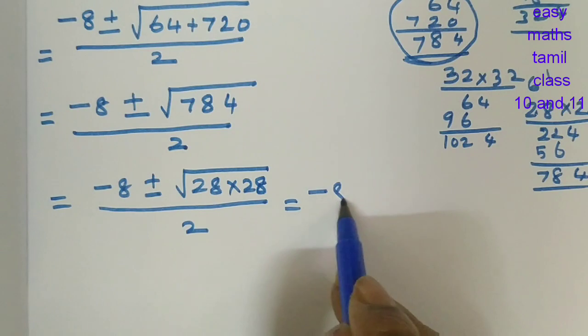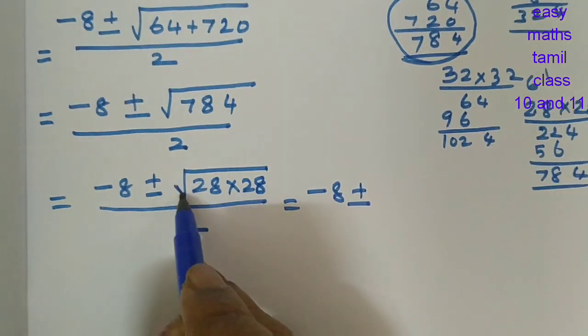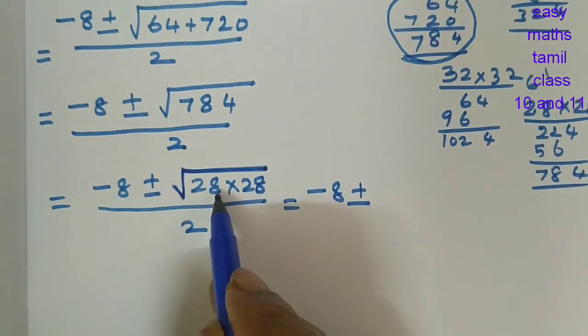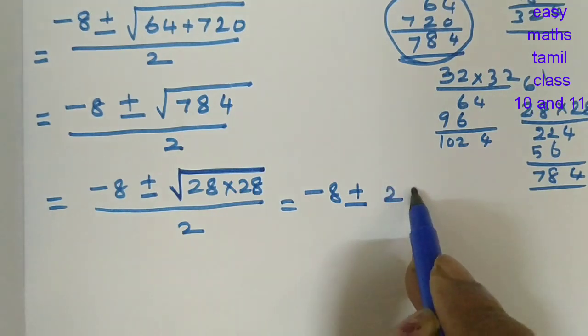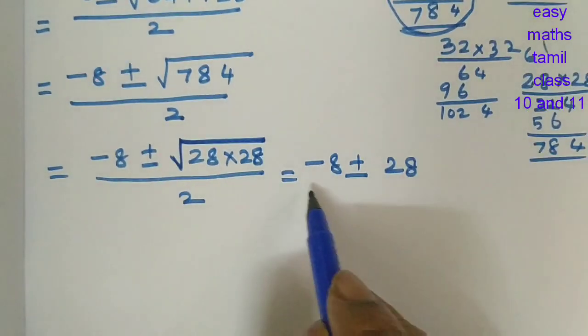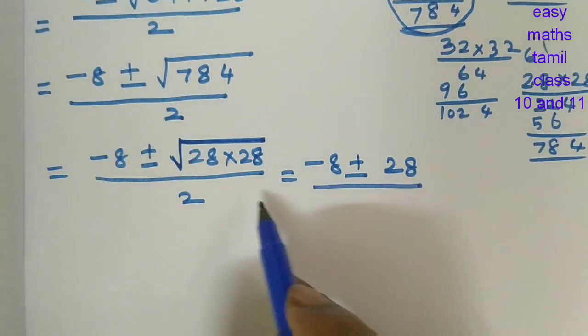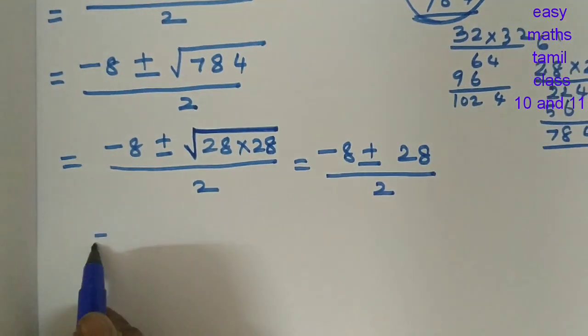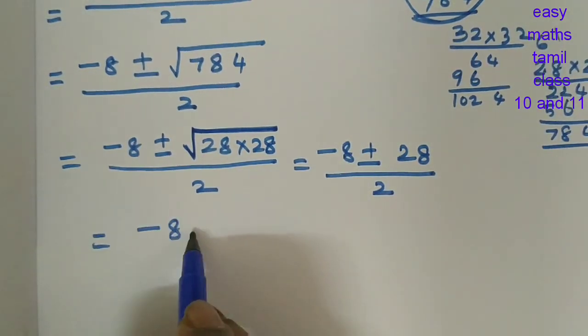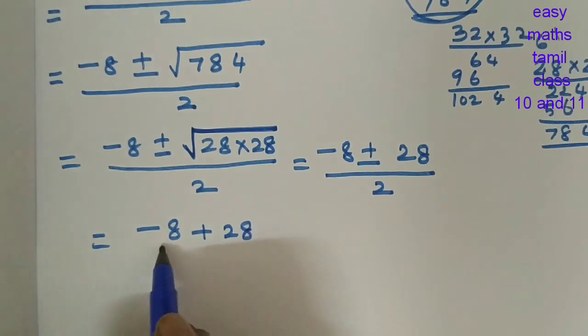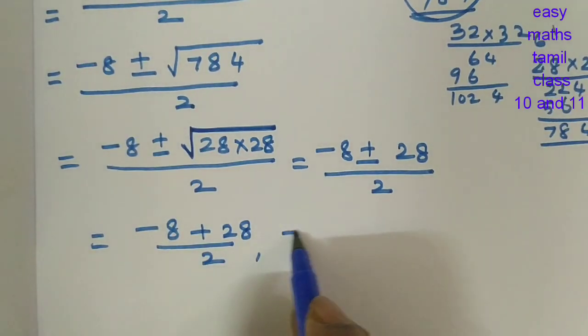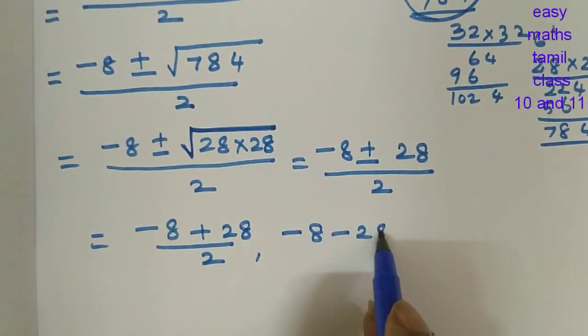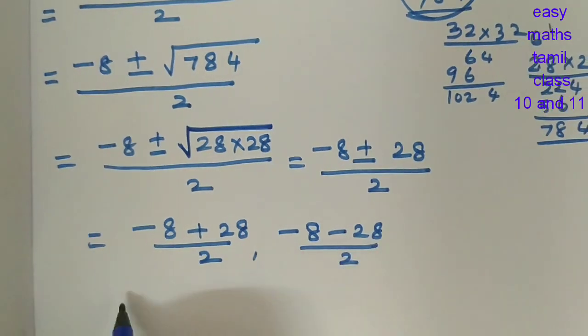Equal to minus 8 plus or minus, we have to cancel this root, no? So write only 28 here, divided by 2. Minus 8 plus 28 by 2, minus 8 minus 28 by 2.